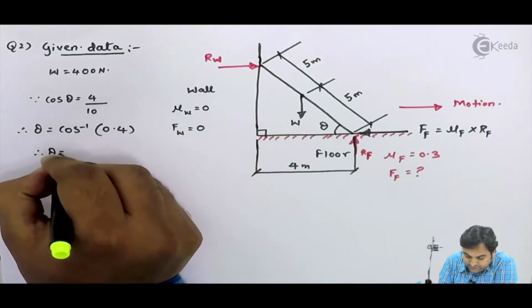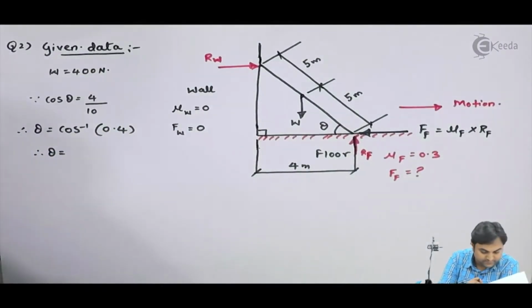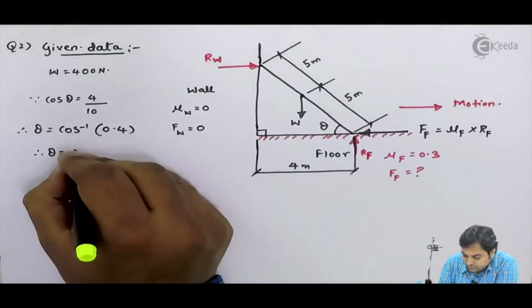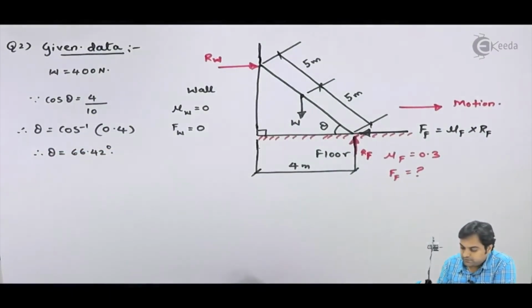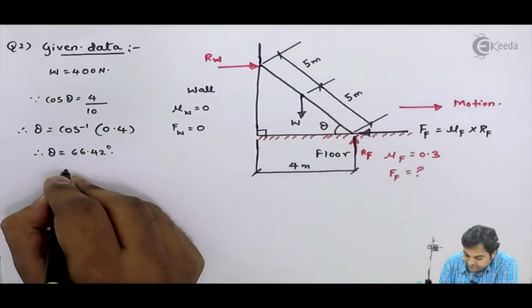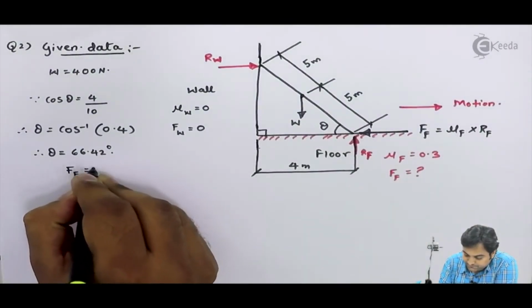So my answer for theta is 66.42 degree, and here I have to calculate F suffix F. That's my question.